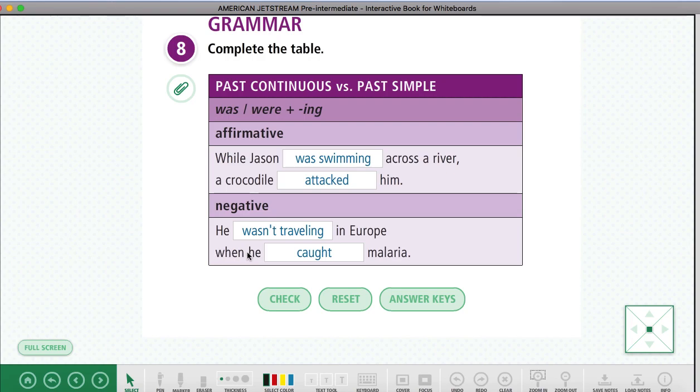Here we have an example with when. When is following or before the simple past sentence. So here while está acompañando was swimming, and here when está acompañando he got. Okay, past continuous with while, past simple with when. Okay, that's the idea.